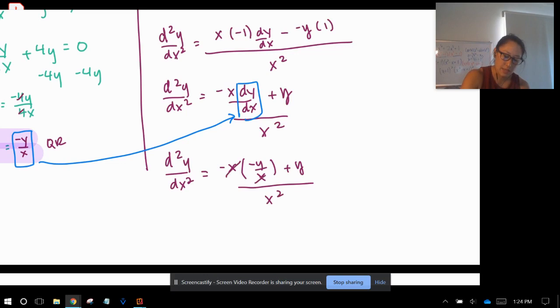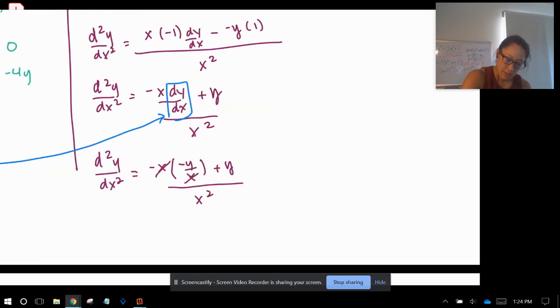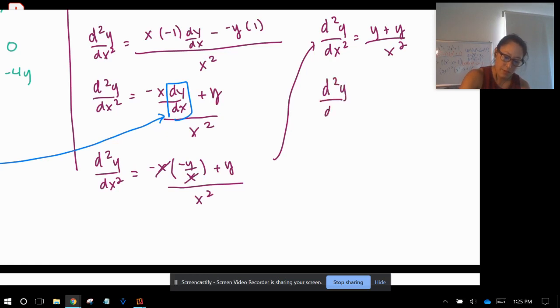The x's cancel, and I have y plus y over x squared. So the second derivative is 2y over x squared. Sorry it took so long.